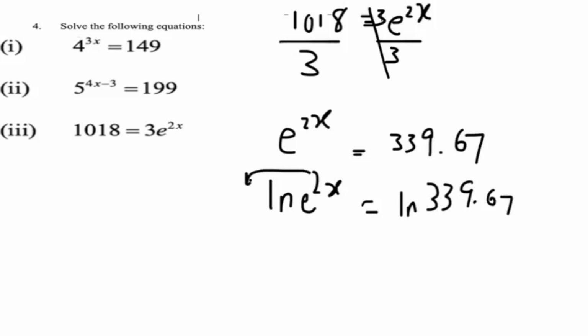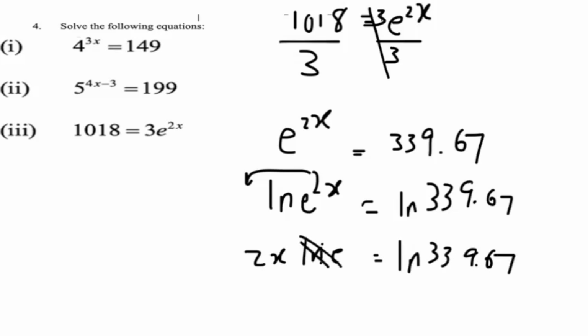Then carry the 2x over, so I have 2x ln e equal ln 339.67. ln e is 1, so this will disappear. So I have 2x equal ln 339.67. And of course, I could work this out, but I prefer to leave it for last.